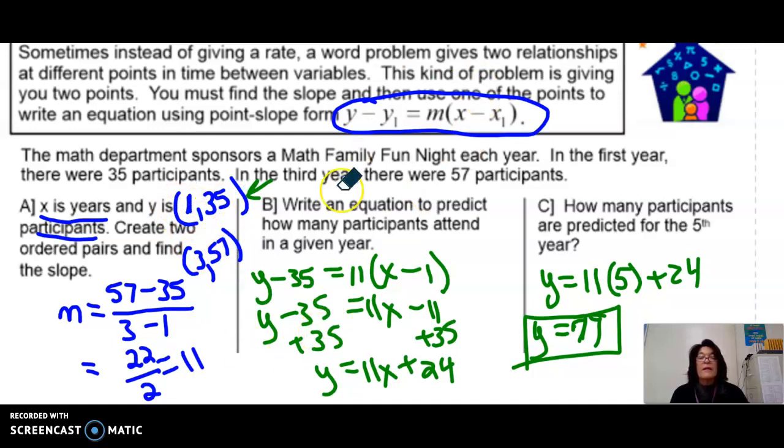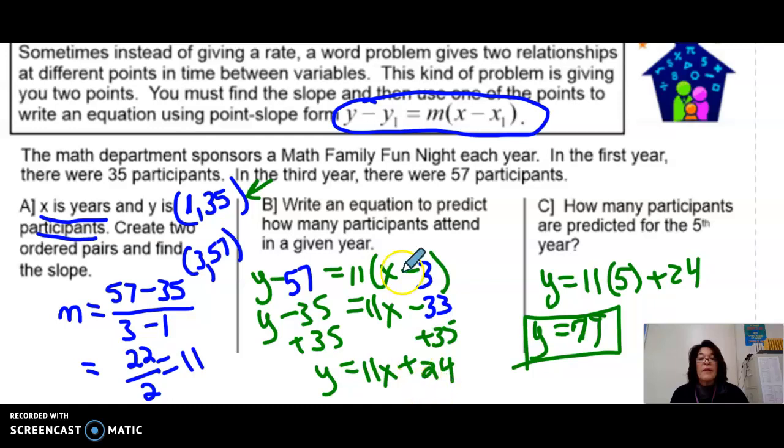Okay? Now, if I would have used 3, 57 instead, the only thing that would have changed is I'd have Y minus 57 equals 11 times X minus 3. So then I'd have 11X. When I distributed that through, I'd have 33 instead, right?